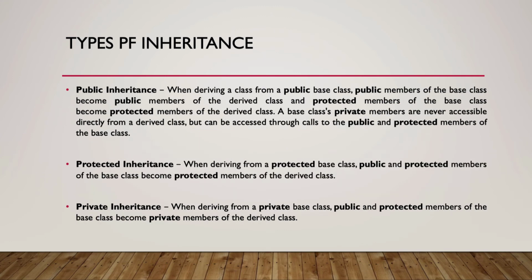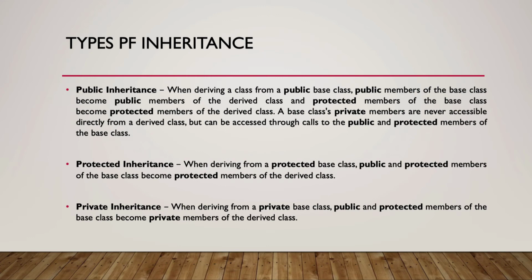When deriving a class from a base class, the base class may be inherited through public, protected, or private inheritance. The type of inheritance is specified by the access specifier as we just explained. We hardly use protected or private inheritance unless the design actually is mandating it. But public inheritance is the most commonly used version of inheritance.